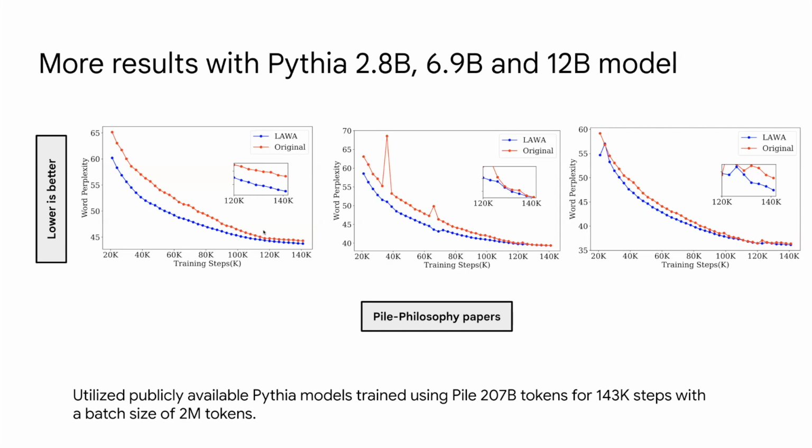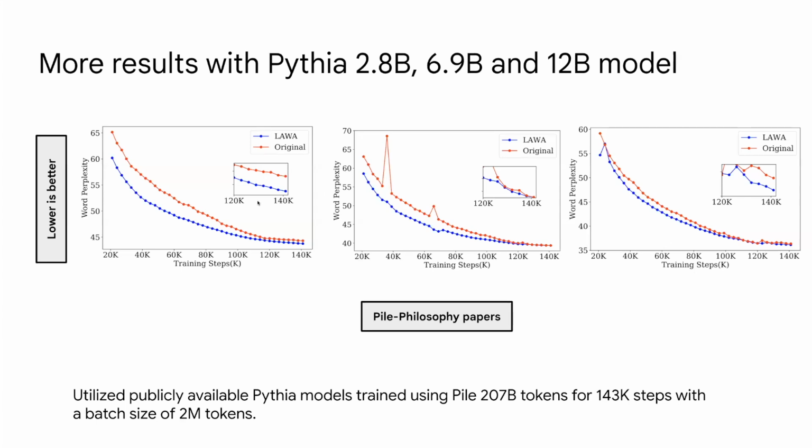The plot to your extreme left is the held-out set validation loss, the perplexity, with the 2.8 billion parameter model. The middle plot is the held-out set word perplexity of the 6.9 billion parameter model. And the plot towards your right is the held-out set word perplexity computed with the 12 billion parameter Pythia model.